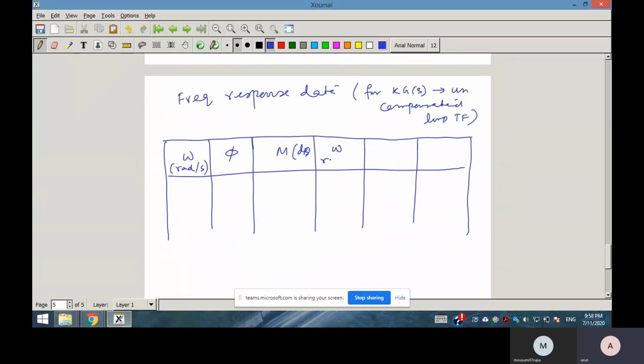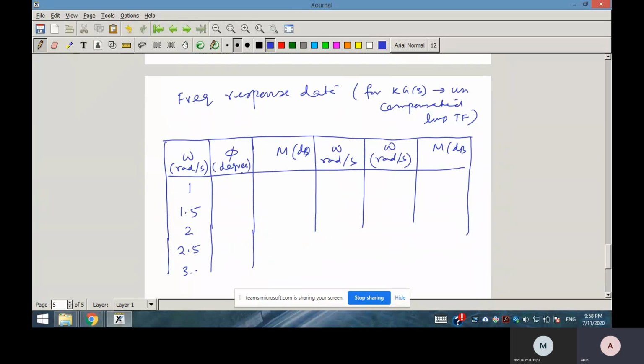Again omega in radian per second, again phase in degree, and omega in radian per second, and this is your M dB. Suppose this is 1, 1.5, 2, 2.5. You can easily get this from MATLAB.